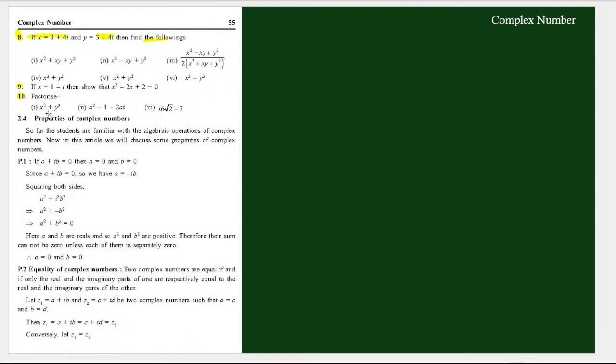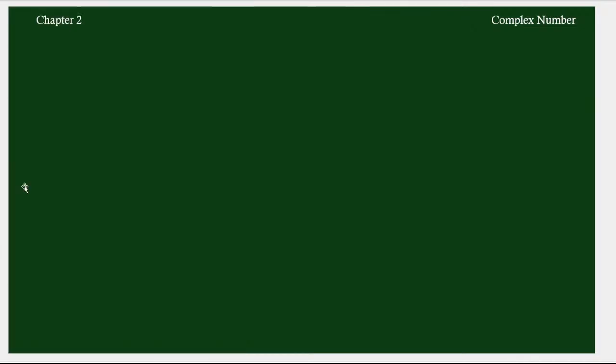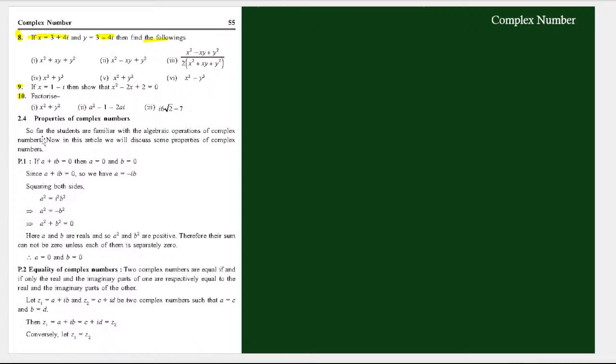I will help you with number 10, number 9, and then 5. Okay, up to 8, 9, up to 9, you try by yourself. You type in the comment section. I'm waiting for the response in the comment.